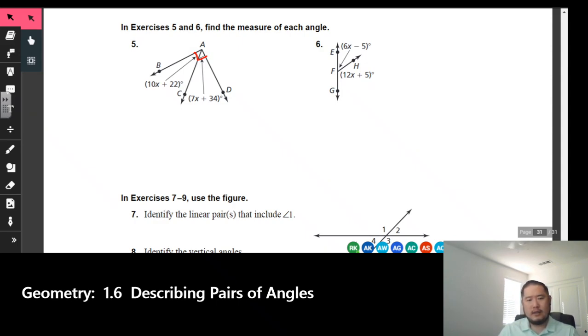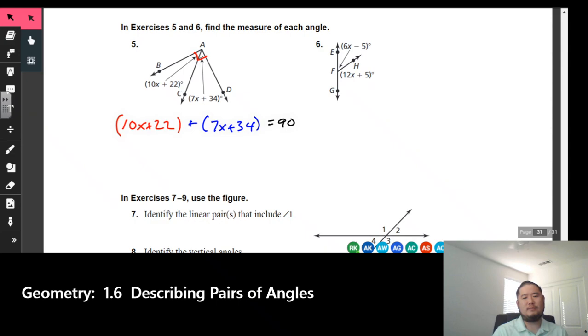All right, so let's take our angles. Angle BAC, 10x plus 22. We'll add that with the adjacent angle right here, angle CAD, 7x plus 34. And both of those combined is equal to 90 degrees.